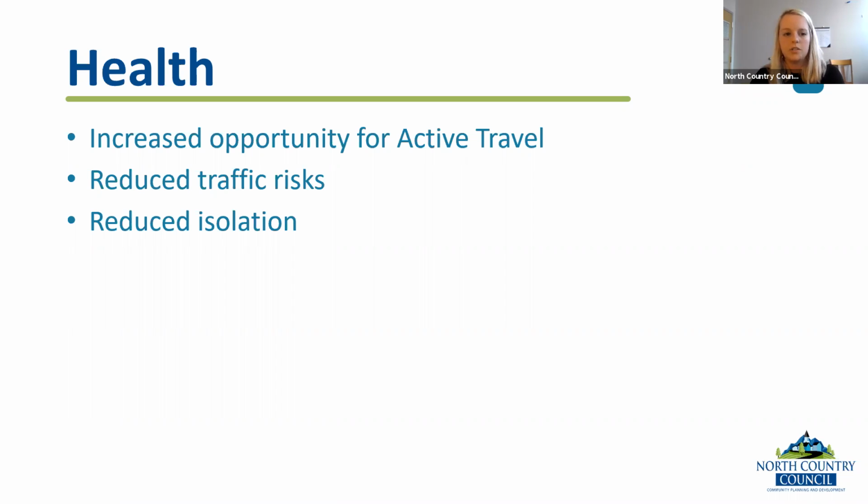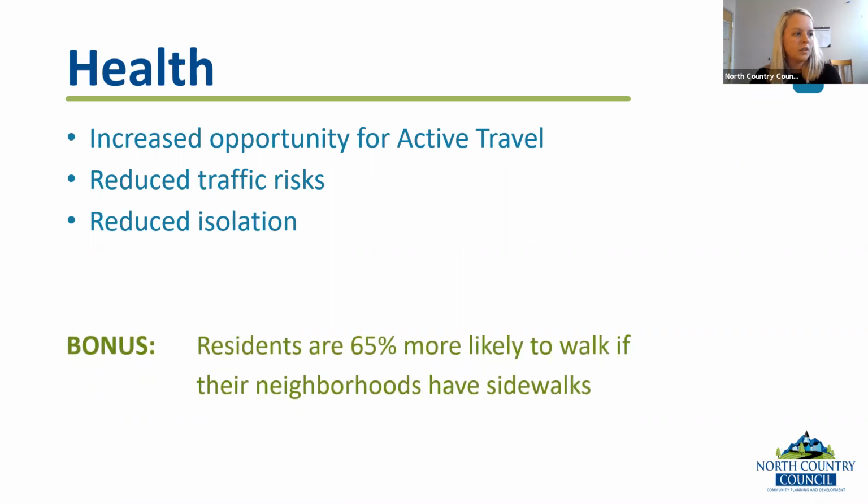So if you've got safer streets, you can reduce those traffic risks. And also, complete streets have been found to be around 30% safer than streets without complete streets components. And also reducing isolation. So if you've got older folks or people who can't afford to drive or don't have the ability to drive, they're still able to get out and be part of their community. And studies have shown that residents are 65% more likely to walk if their neighborhoods have sidewalks in them.